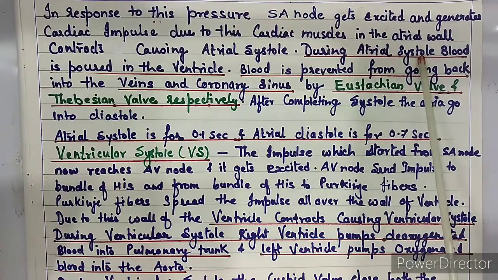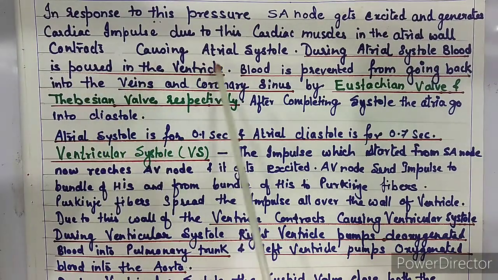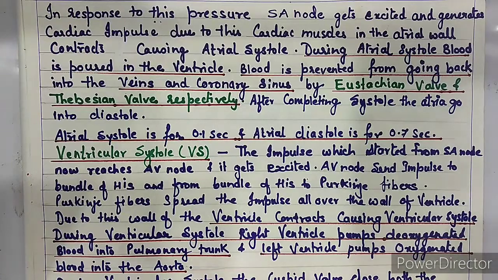During atrial systole, that is during atrial contraction, blood is poured into the ventricle. The atria contract, they shrink, and the blood is poured into the respective lower chamber.